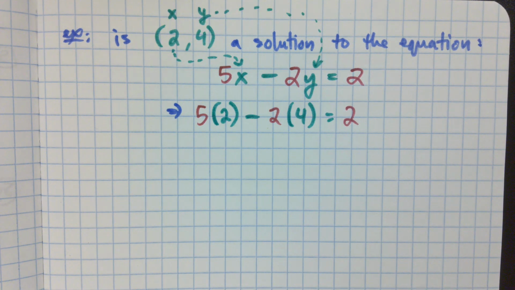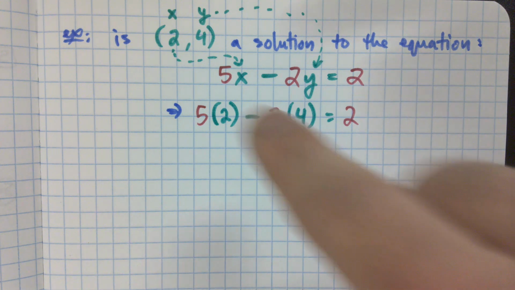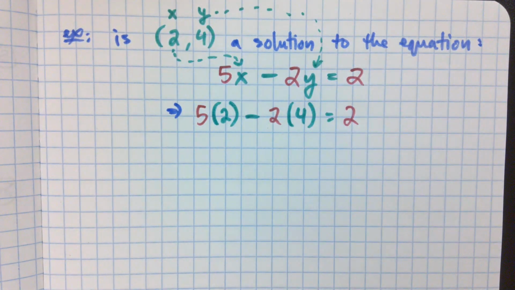Nothing different. The only thing that we're adding on is figuring out where my x goes and where my y goes. Because if you plug in y for x and x for y, you're going to get a very different answer. It's going to switch up whether you have a true statement or a false statement. That's not what we want.